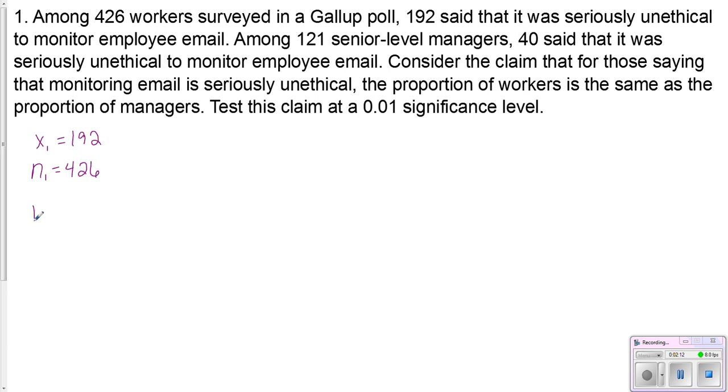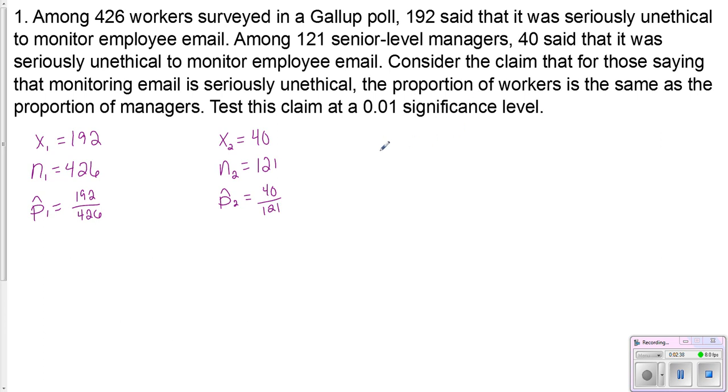So that means that our sample proportion here is equal to 192 out of 426. Similarly, we had 121 senior level managers surveyed, and 40 of them said that it was seriously unethical. So the sample proportion here is 40 out of 121.